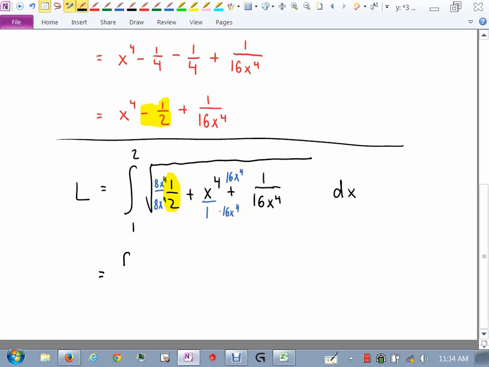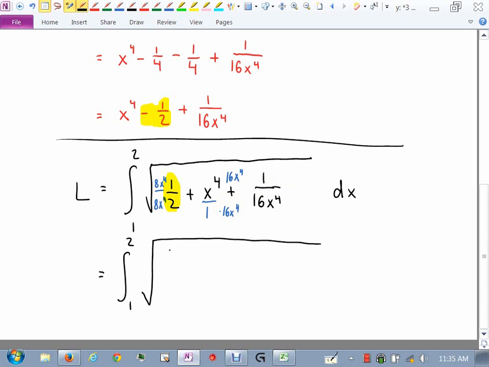So let me know if you have a question. Square root again. My new numerator will be 8x to the 4th, right? Plus 16x to the 8th plus 1.